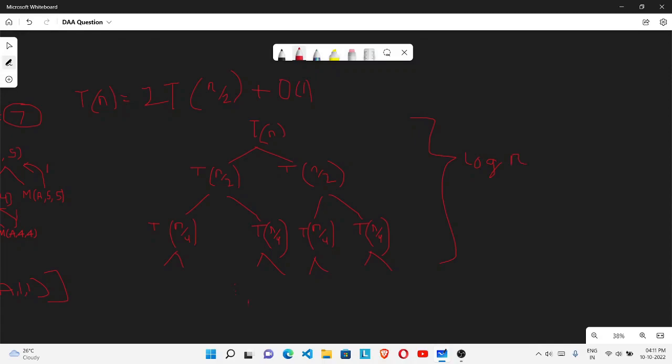So after k steps, the height should be reduced to n by 2^k if I'm not wrong, where n by 2^k is equal to 1, it becomes n is equal to 2 raised to k, which becomes k is equal to log n. Yeah. So after k steps, the height of the tree will be log n.